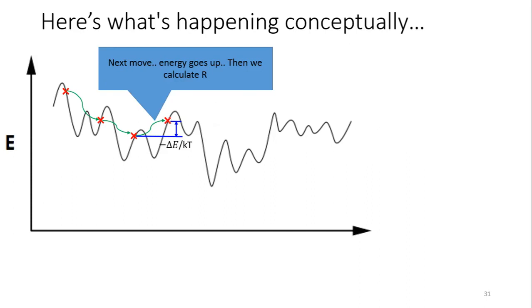This comparison enabled us to cross energy barriers in our energy landscape. If we don't include this comparison with the random number r, we might end up only moving down in the energy landscape, and we won't be able to move up.